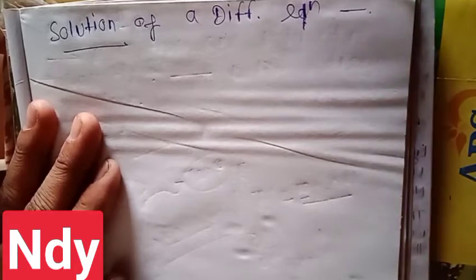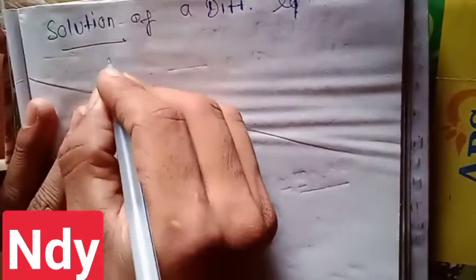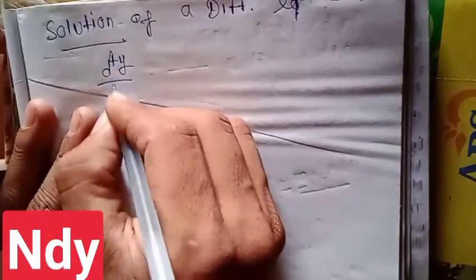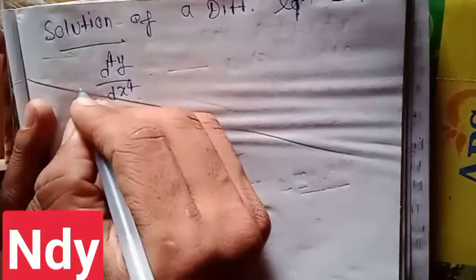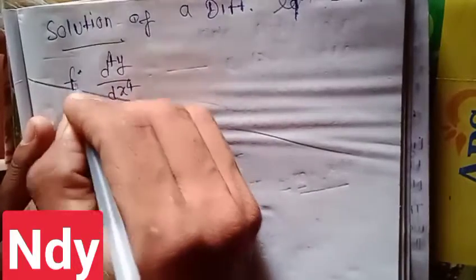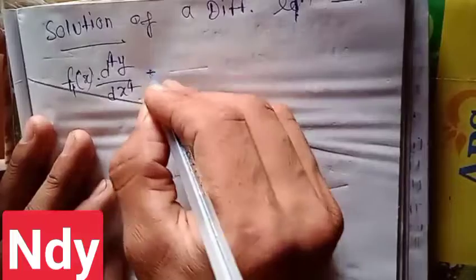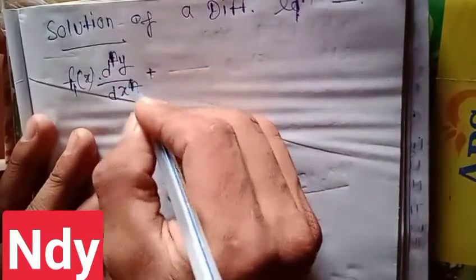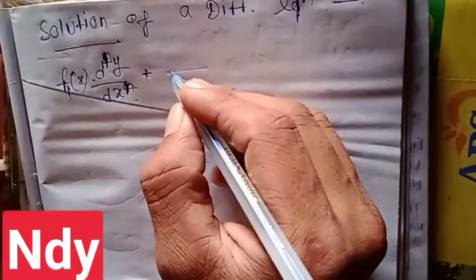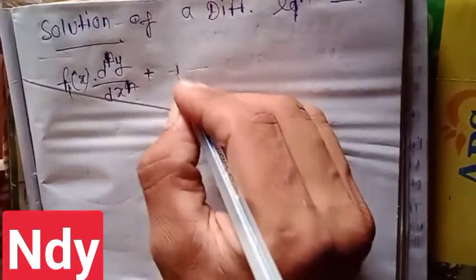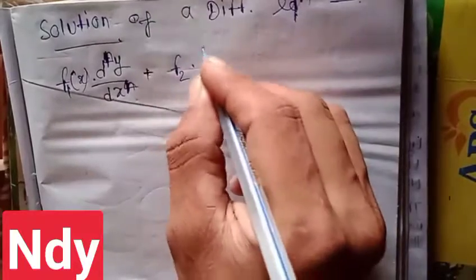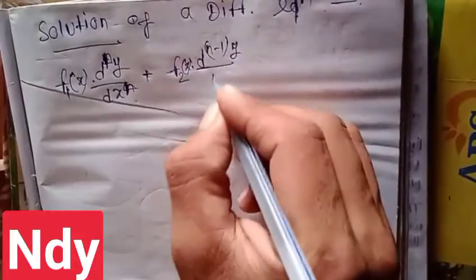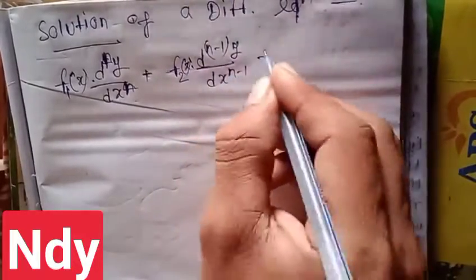What do you mean by satisfies the equation? Let a differential equation be d^n y by dx^n plus some function f1 of x times, or we can take any order. We are taking the general equation of nth order, and f2 times d^(n-1) y by dx^(n-1), and so on.